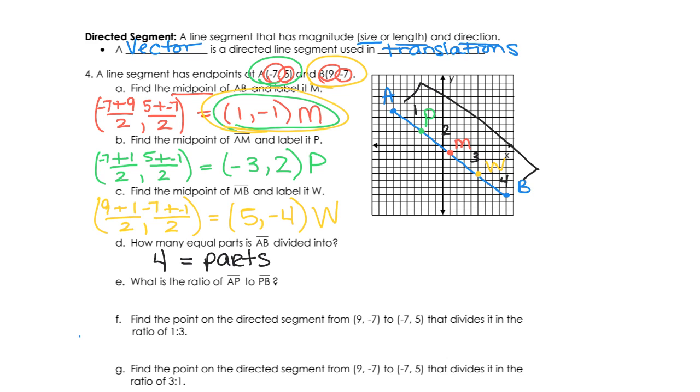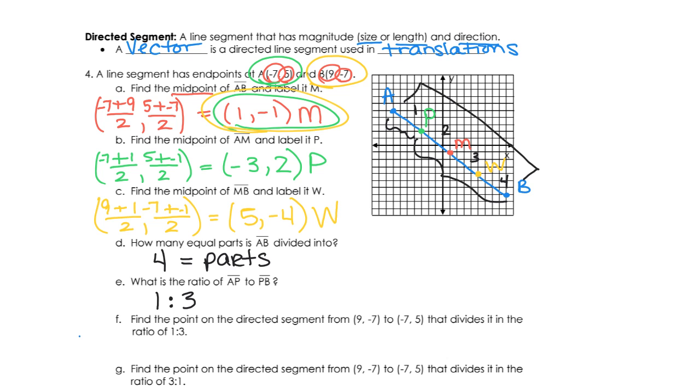Part E asks, what is the ratio of AP to PB? Well, AP is just one of those equal parts, and PB is 3 of the equal parts. And so that would be a 1-to-3 ratio.